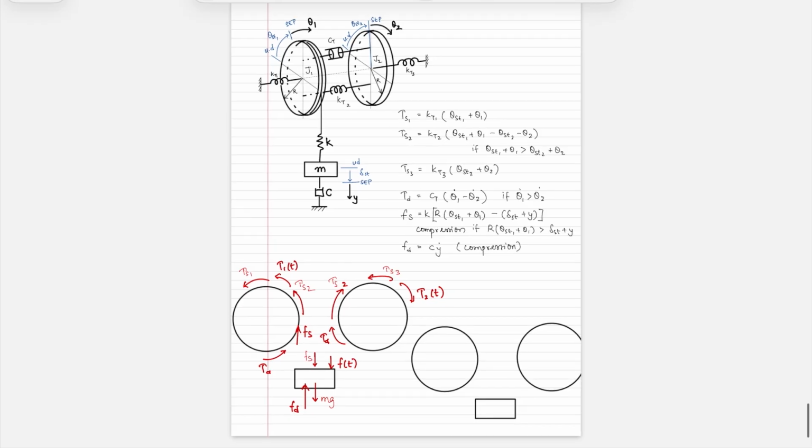It has to be in the same direction. So this here is J1 theta 1 double dot. This here is J2 theta 2 double dot. And then we have m y double dot. Why do we not have theta st1 double dot? That's because theta st1 is a constant. So theta st1 dot would be 0 and theta st1 double dot would also be 0. That's why this is only featuring theta 1 double dot.